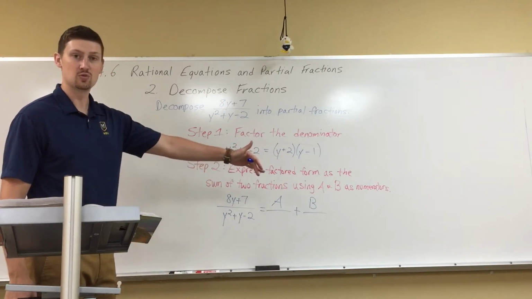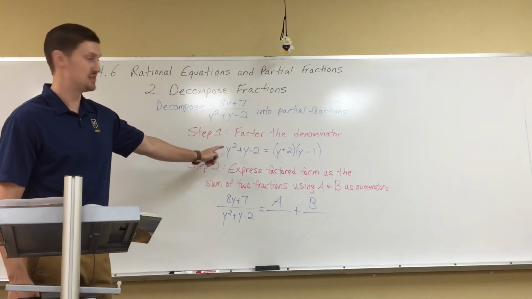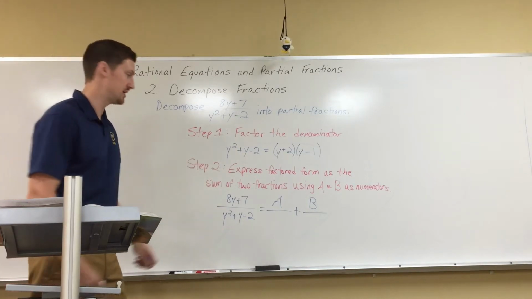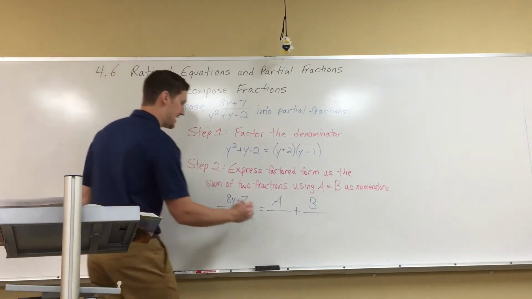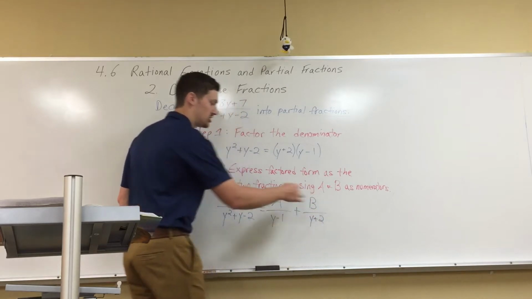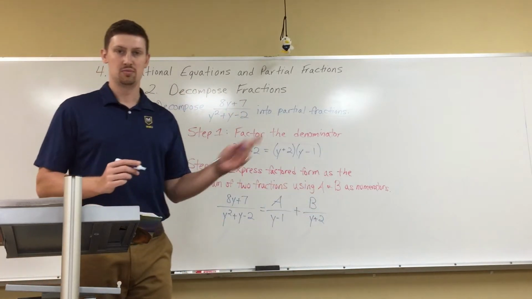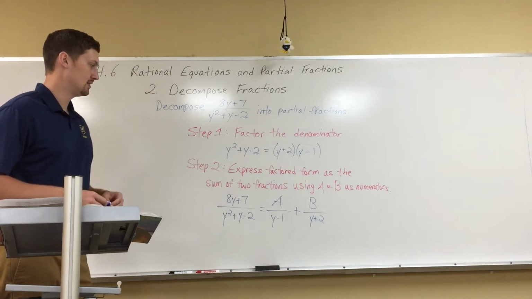A and B are the numerators. What's the denominators? The factored form of this original denominator. Doesn't matter which one's which. Let me follow my notes here. I had A over y + 2, B over y − 1. Again, doesn't matter which one's which. It'll still work out. But for this case, let's do it this way. All right, that's step 2.